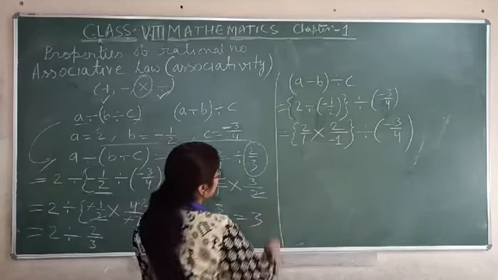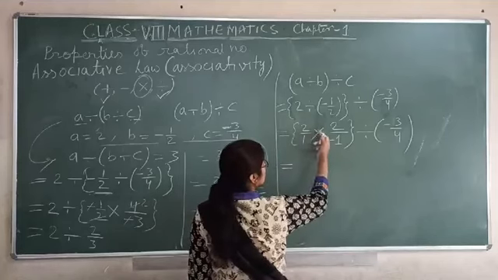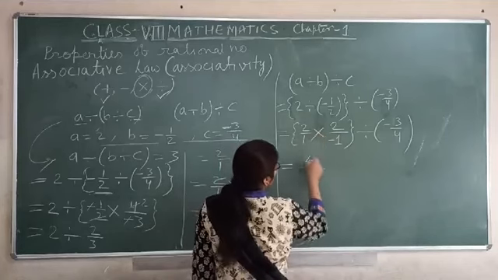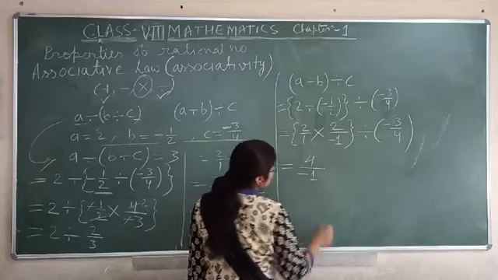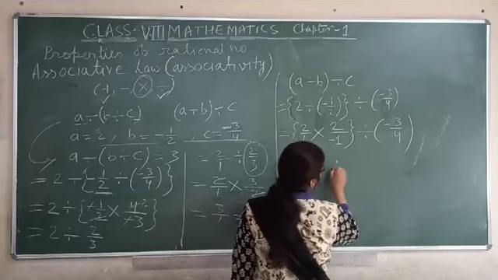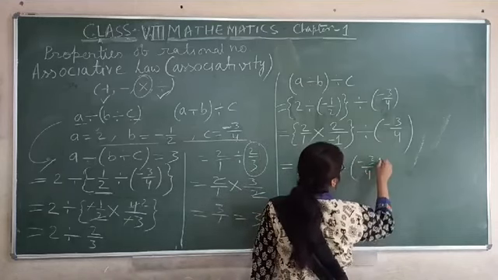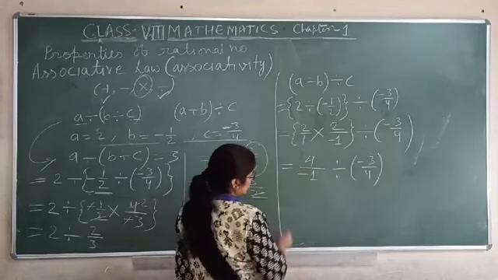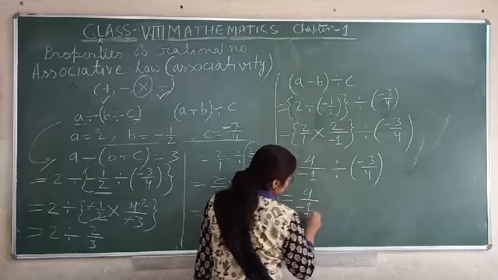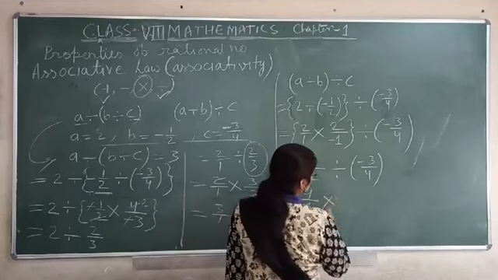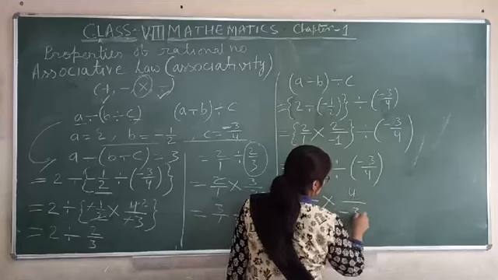Now nothing is being cancelled here, so multiply 2 into 2 is 4, and plus into minus, 1 into 1 is 1, divided by minus 3 upon 4. Okay. Then we can write this one as it is, 4 upon minus 1, and the sign changes to multiply with the reciprocal, 4 upon minus 3.